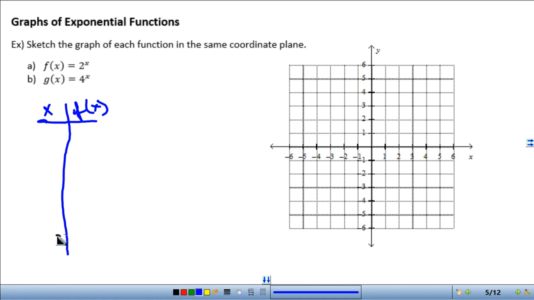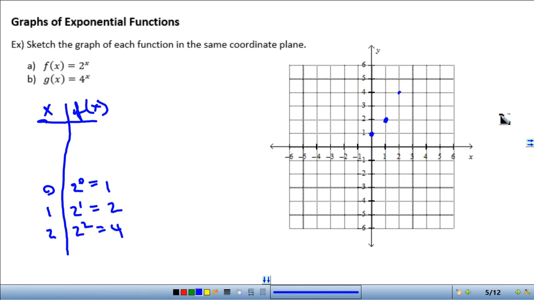I'm going to start at 0. 2 to the 0, that's 1. So at 0, I'm at 1. If I go 1, 2 to the 1, well, that's 2. So at 1, I'm at 2. At 2, 2 to the second power, 4.